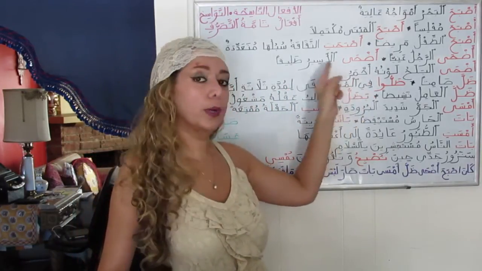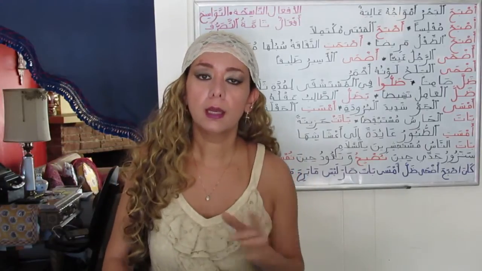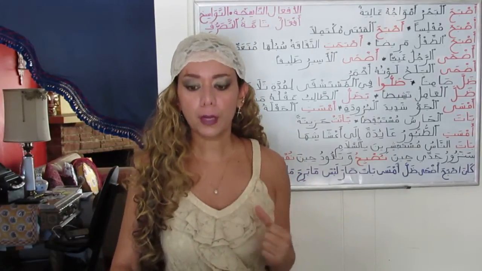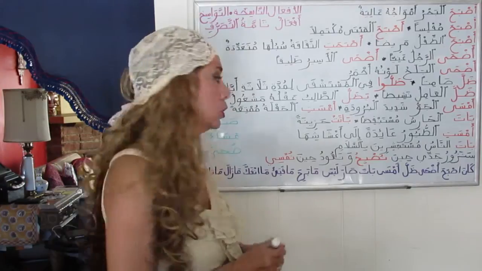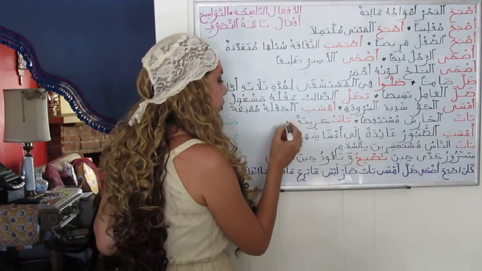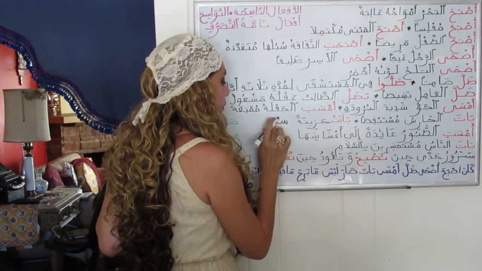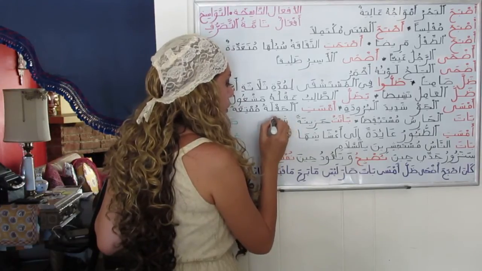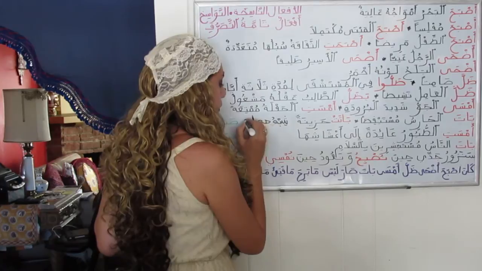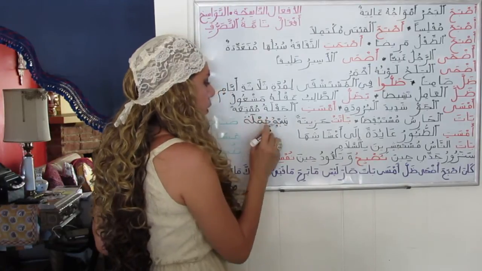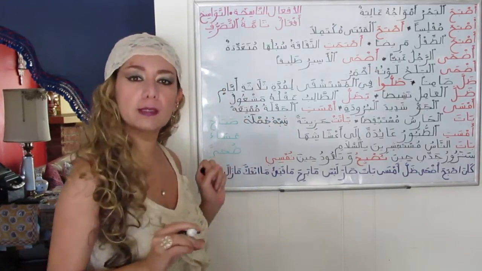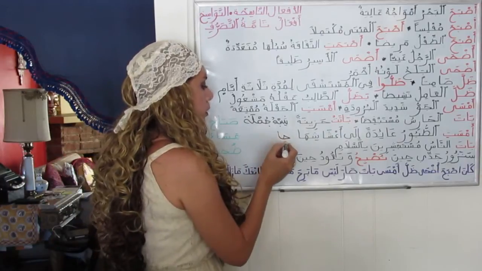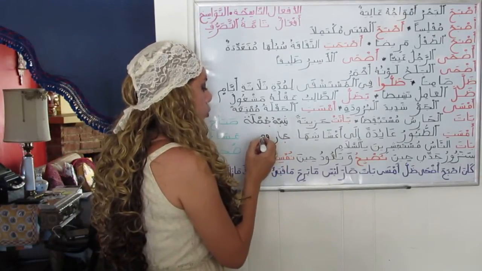Here, the predicate is a prepositional phrase. شبه جملة جار ومجرور. شبه جملة means phrase. جار ومجرور.